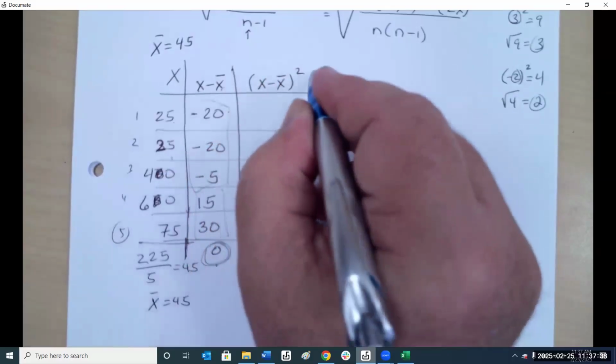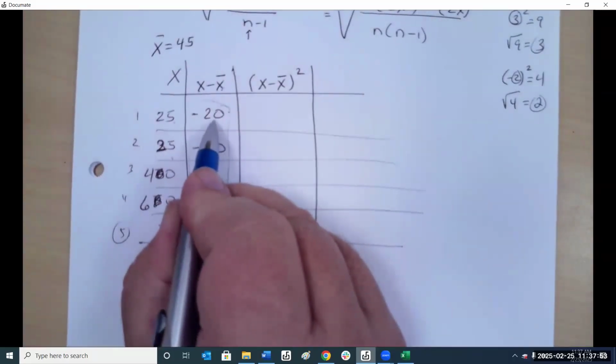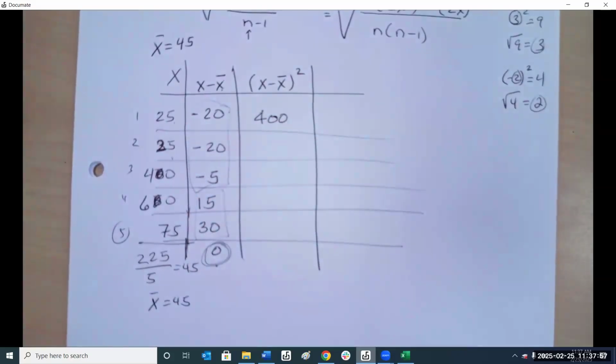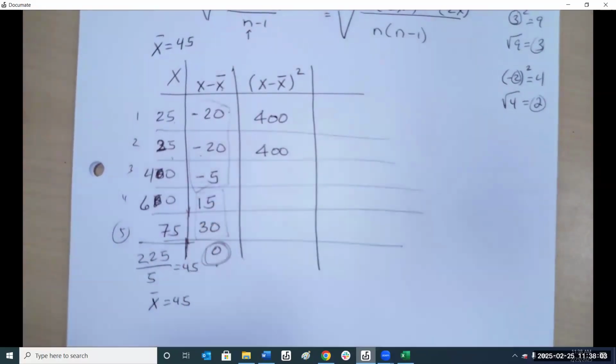I square each one of those. So negative 20 times negative 20 is positive 400. Negative 20 times negative 20 is positive 400.